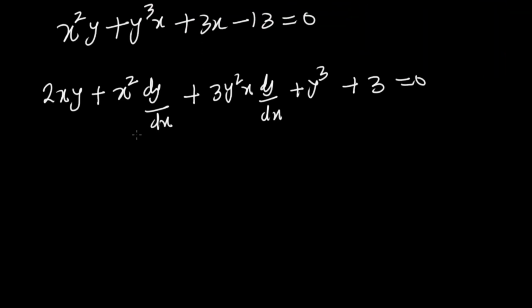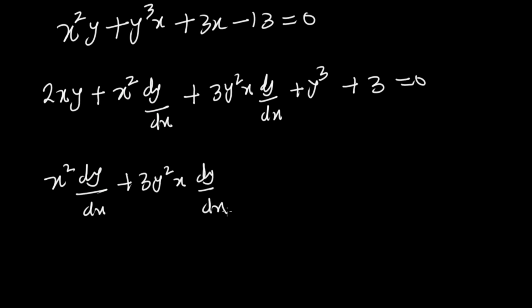So now, putting all the dy over dx terms together, I'm going to have x squared dy over dx plus 3y squared x dy over dx equal to negative 2xy minus y cubed minus 3.